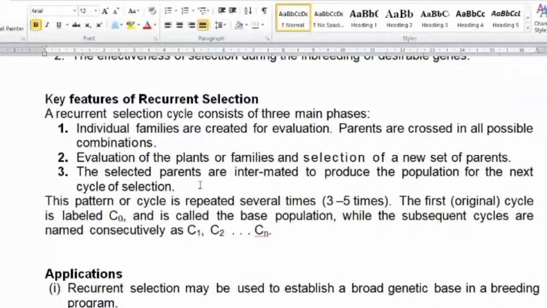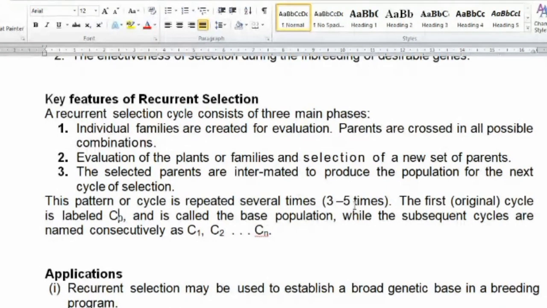This pattern or cycle is repeated several times, normally 3 to 5 times. First, you have the original cycle, which is called cycle 0 and is called the base population, while the subsequent cycles are generally named cycle 1, cycle 2, up to n.